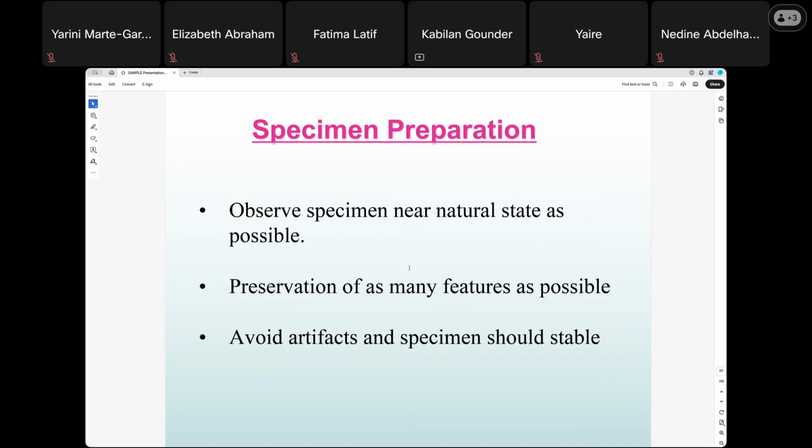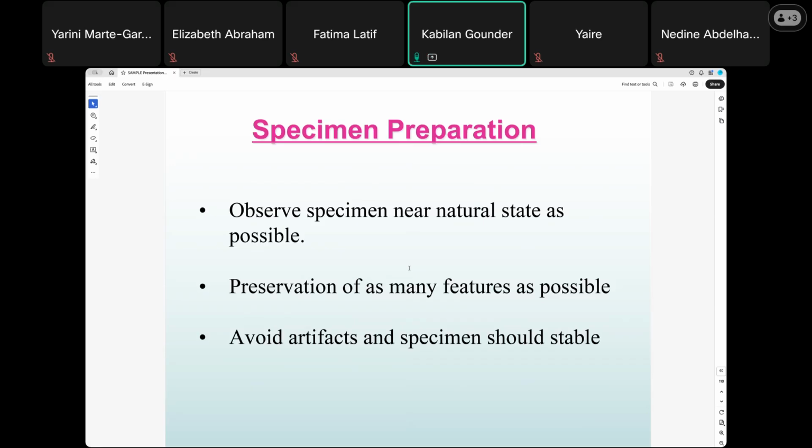The reason for processing your sample is to observe the specimen as near to its natural state as possible. That's the most important thing in microscope techniques.